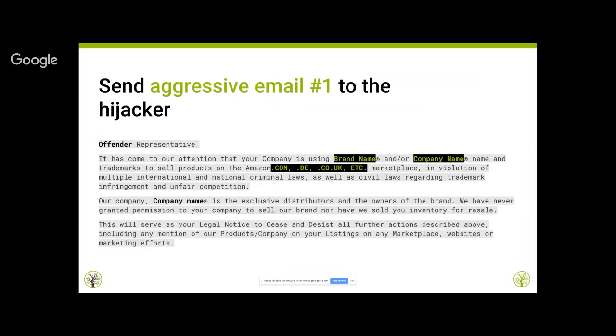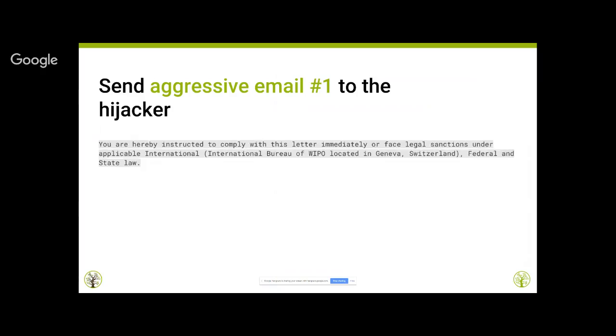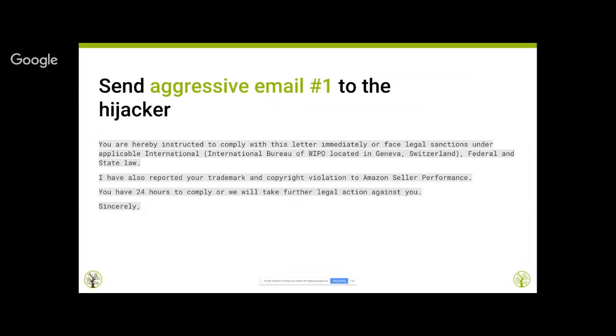Our company is the exclusive distributor of this. This serves as their legal notice to cease and desist whatever it is they're doing, and they need to comply with us. Otherwise, we're going to be contacting Amazon's, here it actually says we've already reported this to Amazon's seller performance team, and if they don't respond in 24, then we're going to take further legal action.